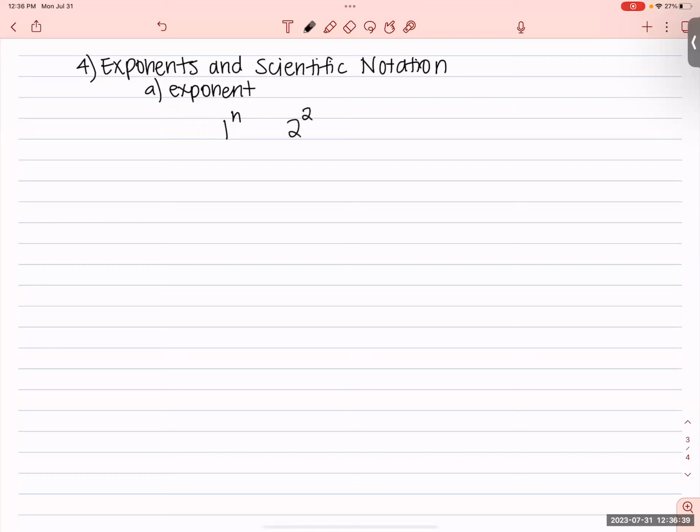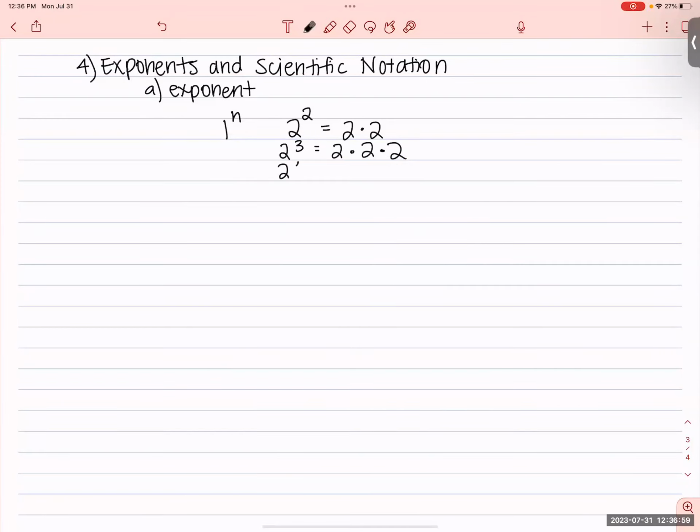If I say 2 squared, that is equal to 2 multiplied by 2, or 2 instances of that. If I say 2 cubed, it is 3 instances of 2 multiplied together, 3 times.